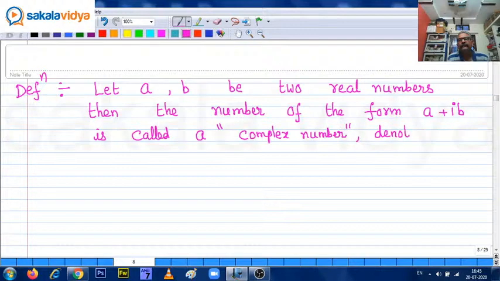Denoted by z. That means z is equal to a plus ib.